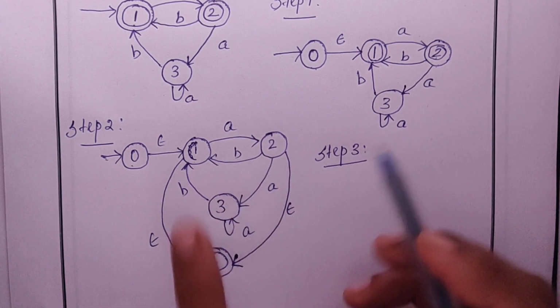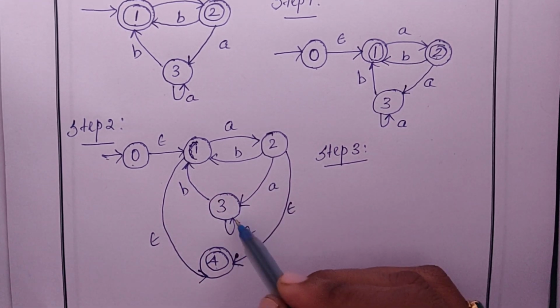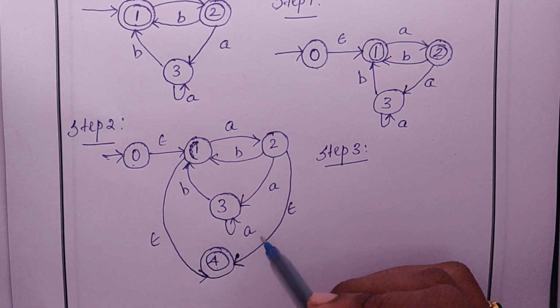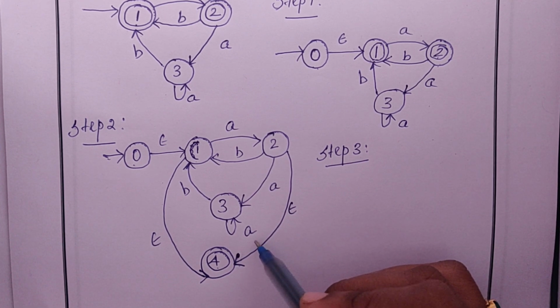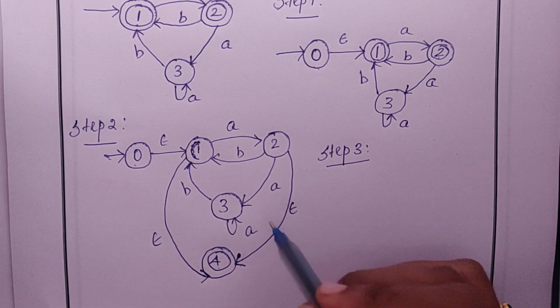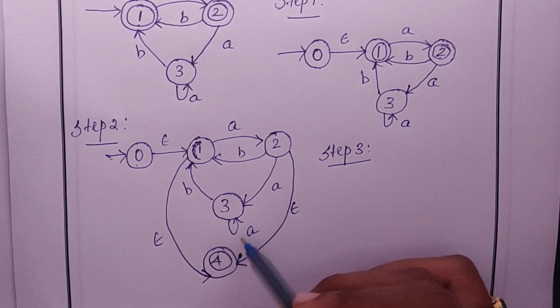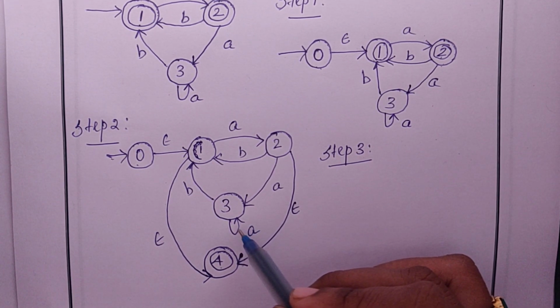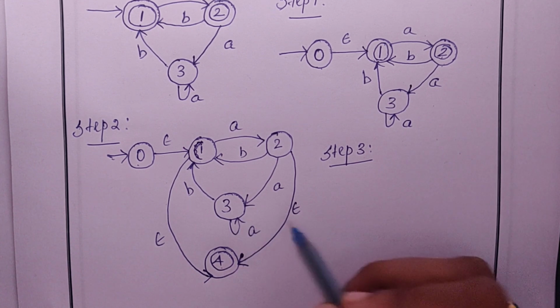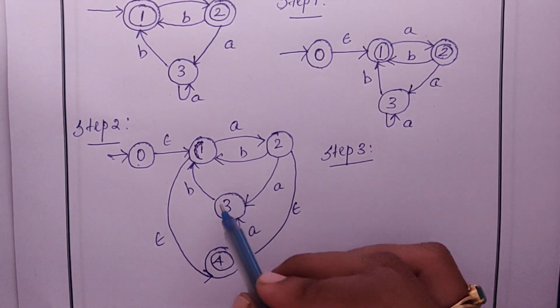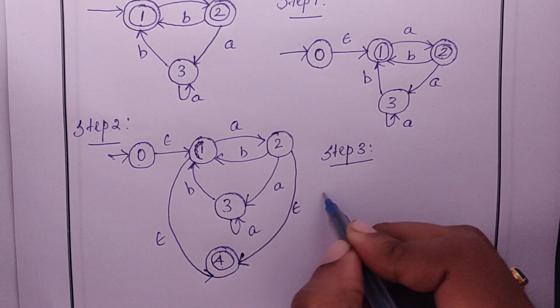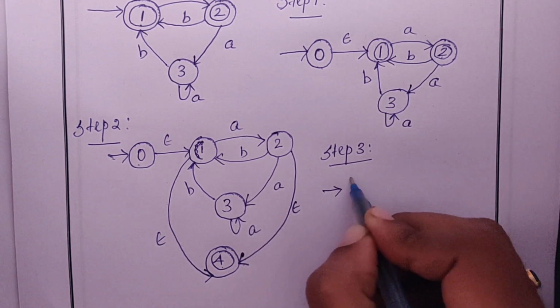And you all know this self loop, what is the corresponding representation? It is A star. Right? The pictorial representation of the star operator is a self loop. Now I'll remove this, and if I remove, how will I get it?